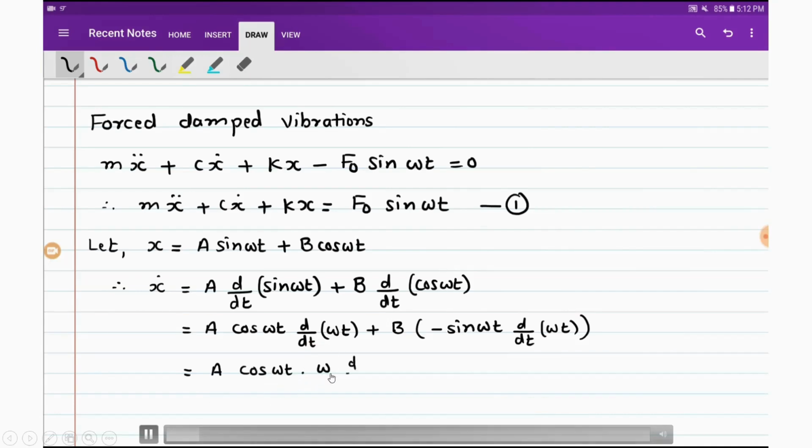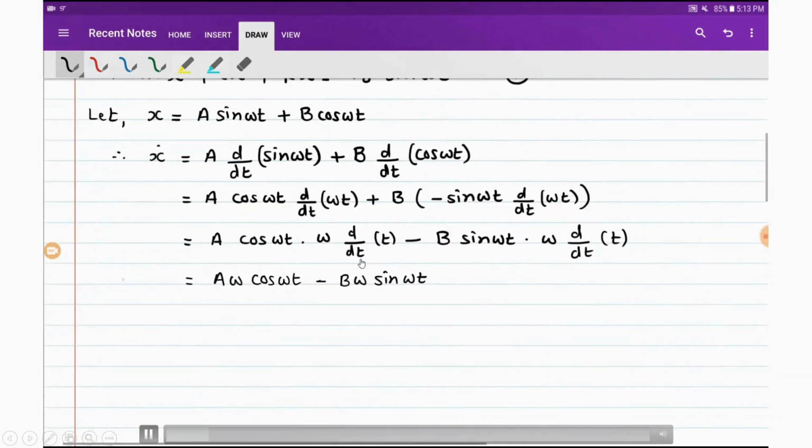Here also, plus times minus gives minus b sine omega t.